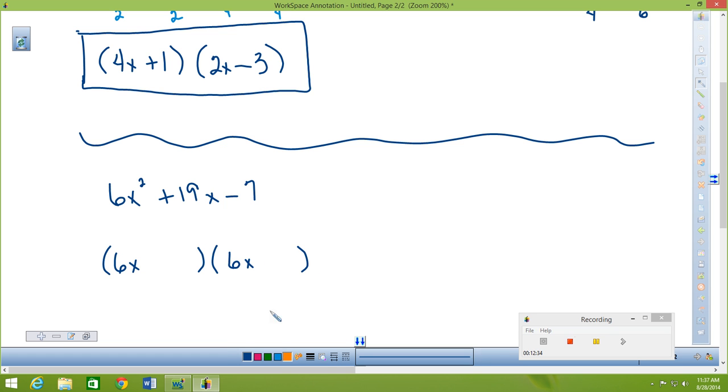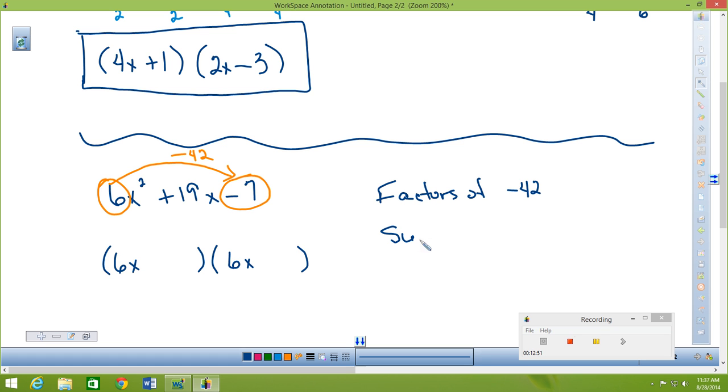Okay, 6 times negative 7 gives me negative 42. Okay, so I want factors of negative 42 that have a sum of positive 19.